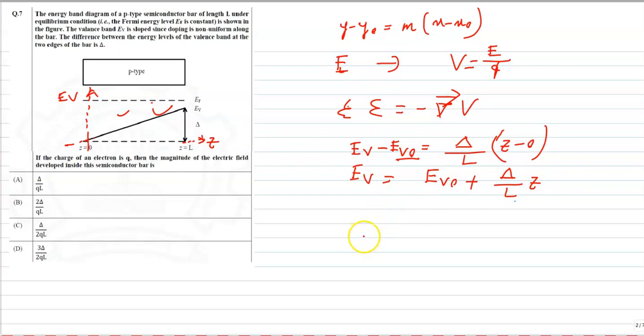Now come to this picture. See how the bending occurs here. On the left side it is deep into the bottom, and on the right side it is up at the top.